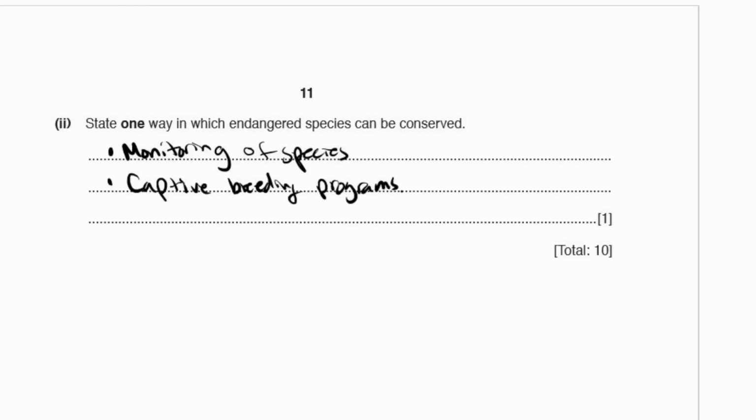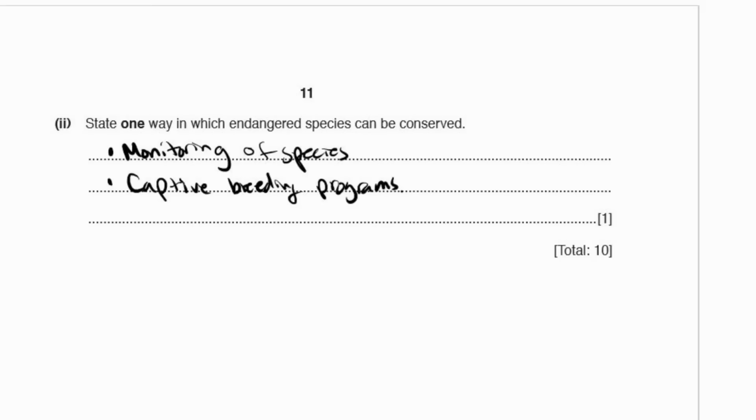You can educate the population as to why they need to help or how they can help in the conservation of the endangered species. If they're plants, they can go into seed banks. You can have DNA banks, and zoos, wildlife parks, conservation areas can be very useful in conserving endangered species.